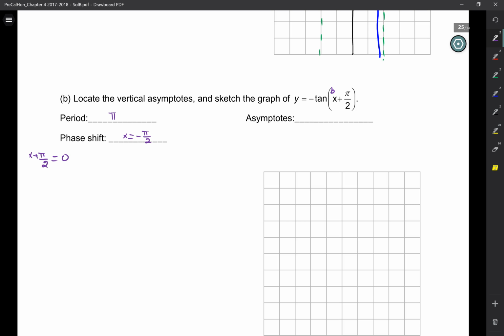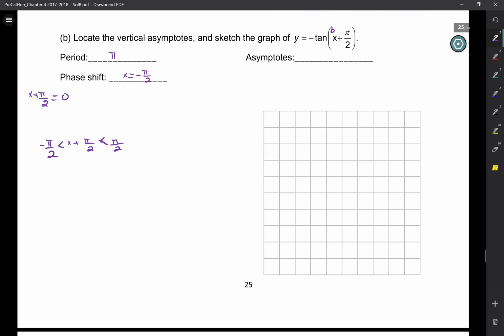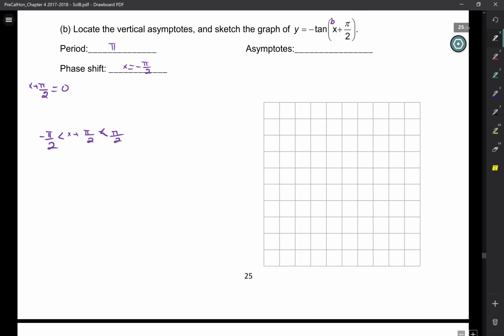Now, asymptotes. It's what we were doing in sine and cosine. We're going to solve this inequality. So we're going to go negative pi to 0.